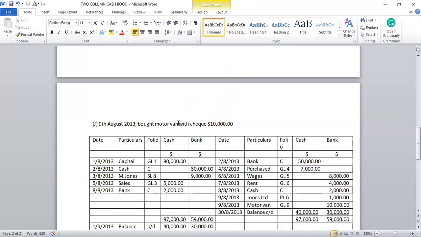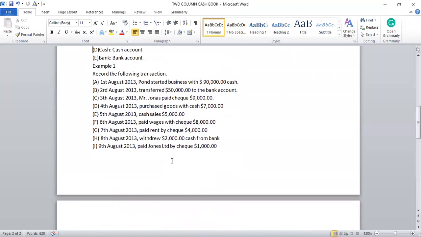So the first one, 1st August 2013, the corresponding entry can be found in the capital account. And the folio is when you go to the general ledger 1, that's where the capital account can be found. For the purpose of the folio column, it's general ledger page 1. Then there is debited cash 90,000. Let us go into the next transaction.